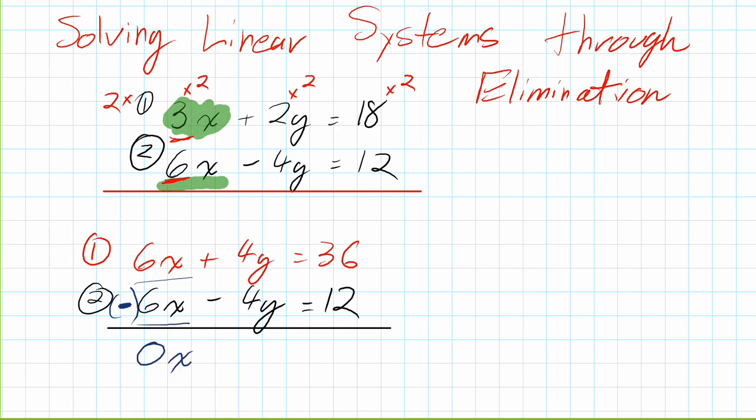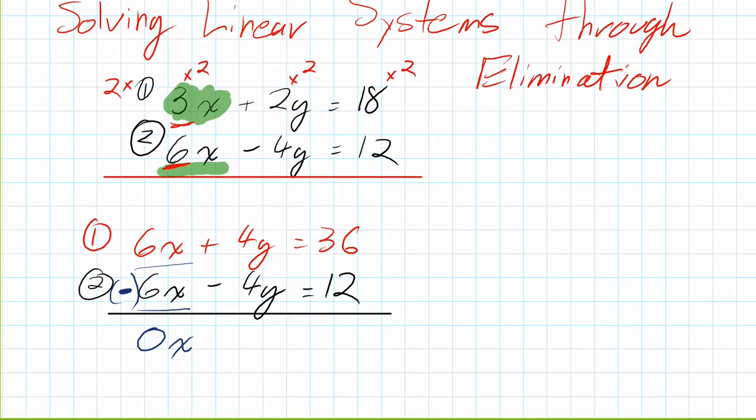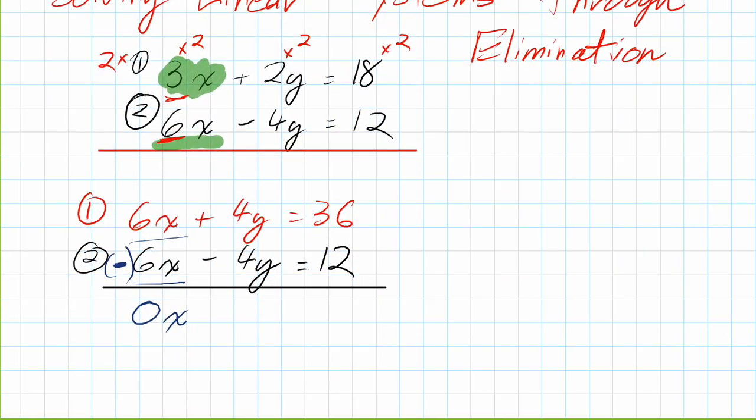And that's the goal. The concept of elimination is to eliminate one of the variables. Carrying that along, positive 4y minus negative 4y is the same as 4y plus 4y, so this ends up being positive 8y. Then 36 subtract 12 gives us 24.